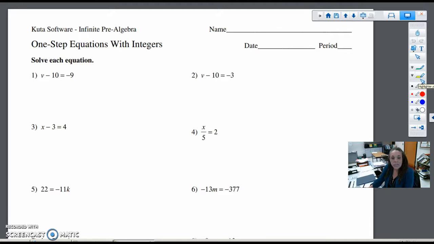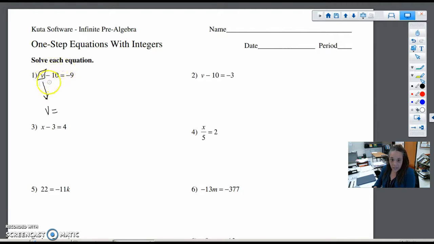So I'm going to review the equation rules and steps as we go through. I'm going to do 4 examples for you today to show you the 4 different types of examples. So here on number 1, I always like to say put a box around your variables so you know what you're trying to solve for. So the variable v, you're trying to isolate v to be on its own on one side of the equal sign.